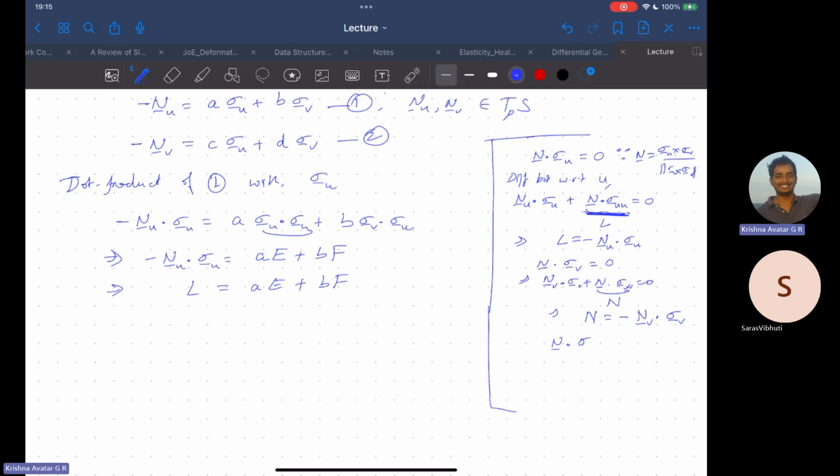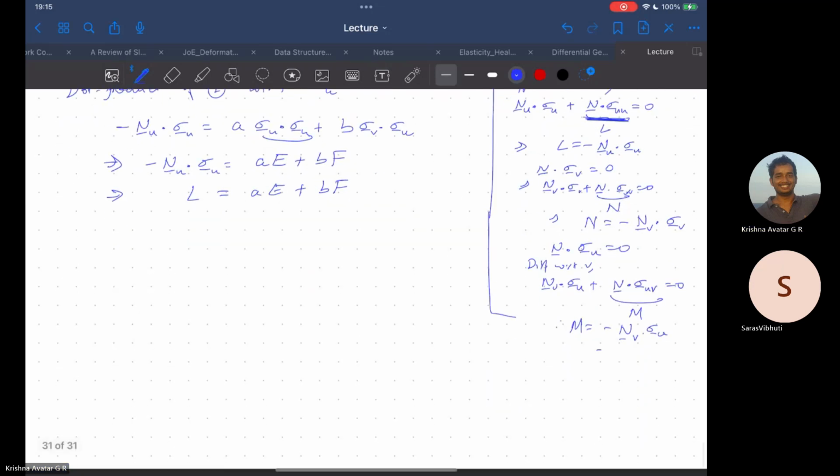We have n dot sigma u is equal to 0 and differentiate with respect to v. So we'll have nv dot sigma u plus n dot sigma uv is equal to 0. This is M, so therefore M is equal to minus nv dot sigma u or minus nu dot sigma v. It's like you have two possibilities.